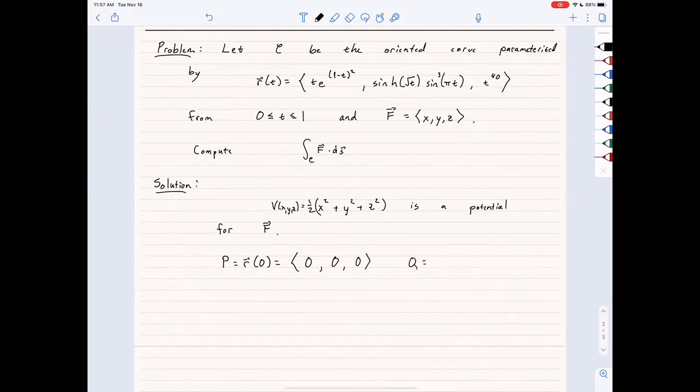That's not too hard. Q, what happens when t is 1? Well, 1 times e to the 1 minus 1 is 1. And again, sine of pi, that's 0. So everything is 0 there. 1 to the 40th, still 1.